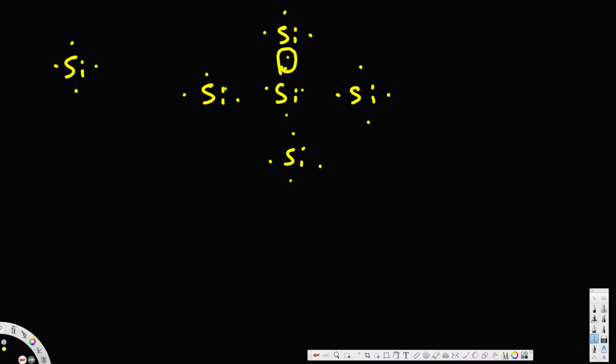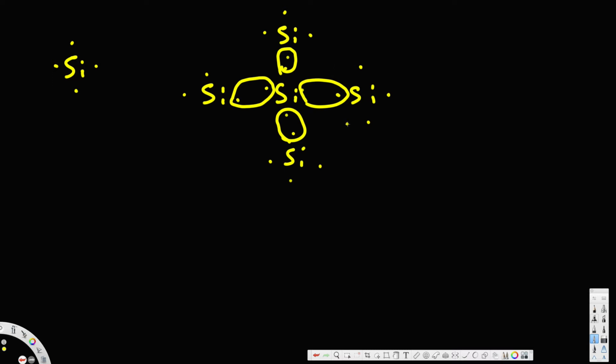So this is going to form a covalent bond like this. And the other silicons will also form 4 bonds with another 4 silicon atoms. So it will go on and on, right? Silicon is similar to diamond in structure. It will keep going on and on. However, the properties are very different.